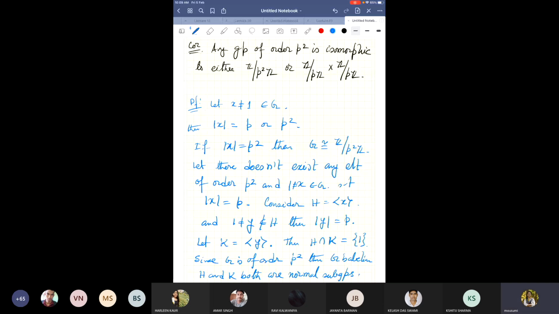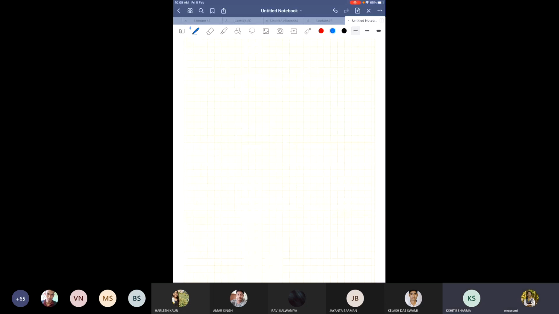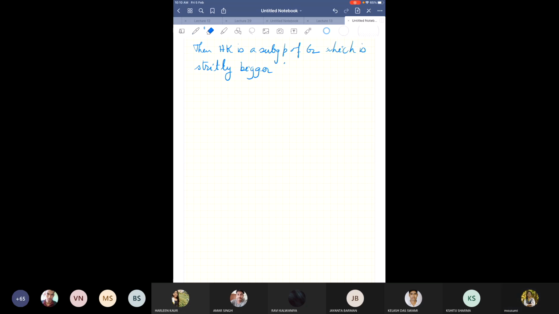So then HK will also be a subgroup of G, the subgroup of G which is strictly bigger than H. Therefore, order of HK is nothing but P square.